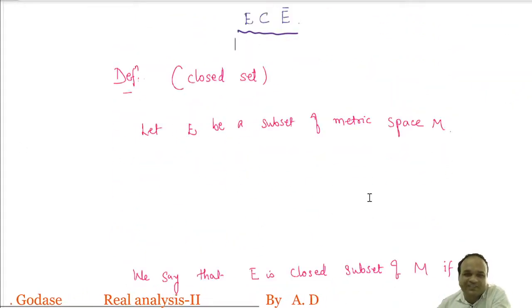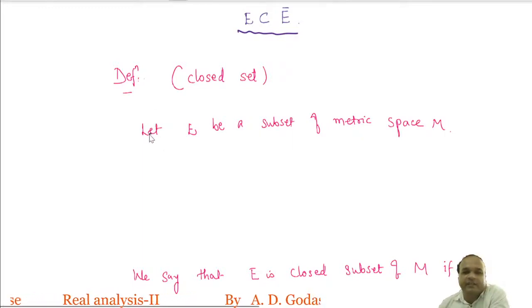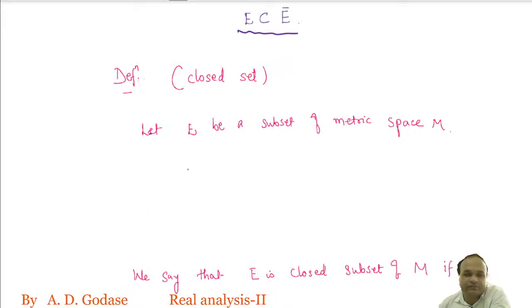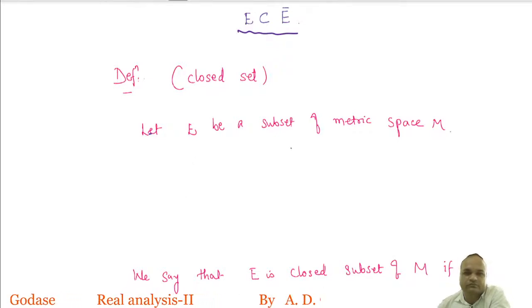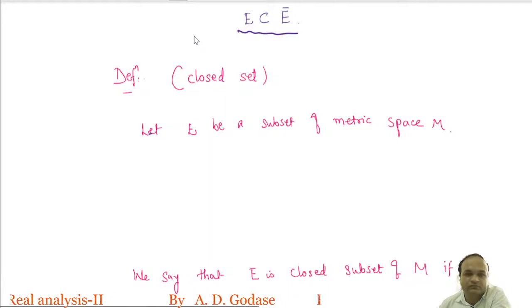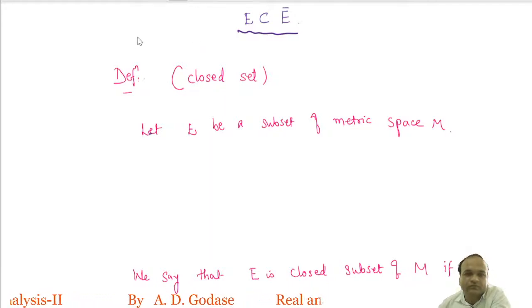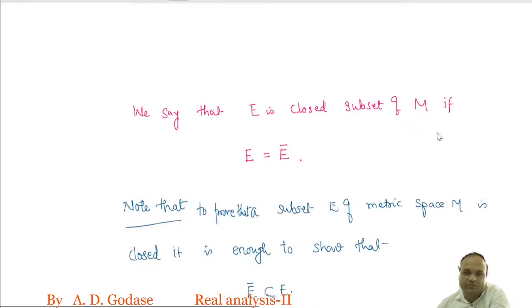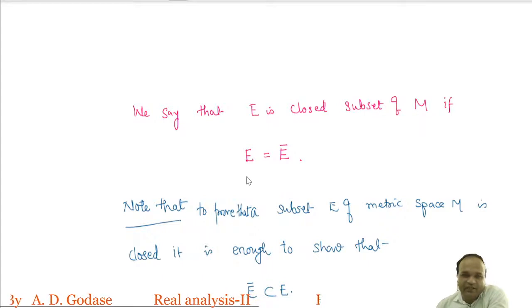Next is the definition of closed set. Let E be a subset of metric space M. We say that capital E is a closed subset of M if the set of limit points of E and E itself are equal.